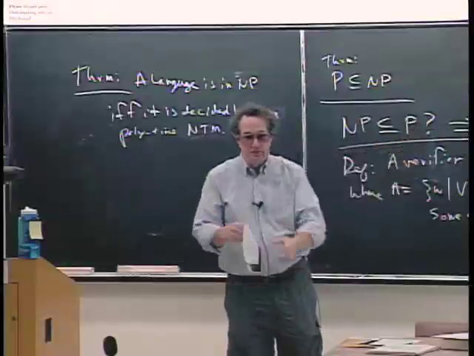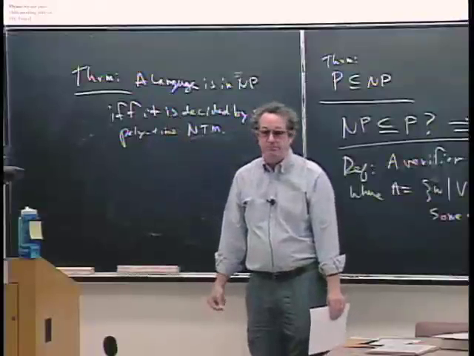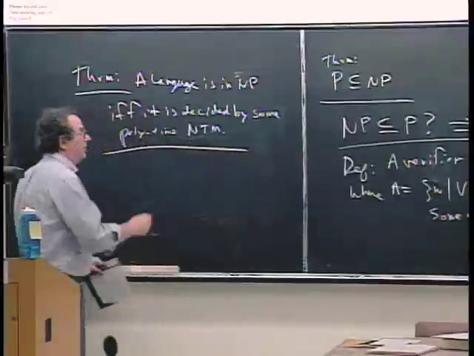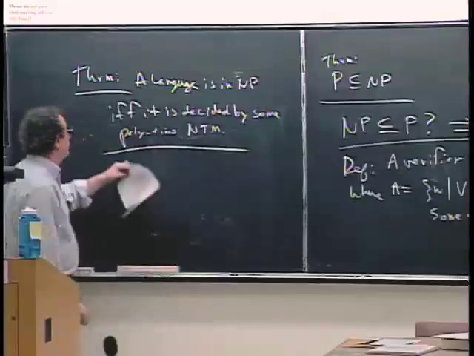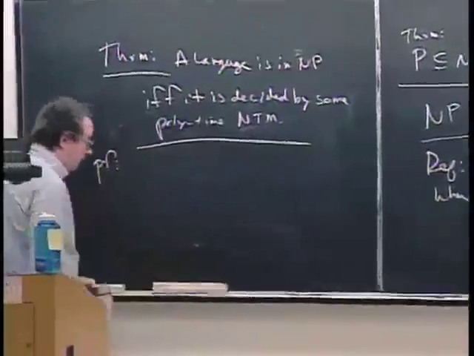When we prove this theorem, we're essentially proving that the two definitions are the same. So for this proof, we're going to start with that definition and prove this theorem.